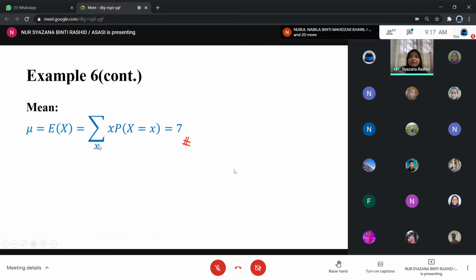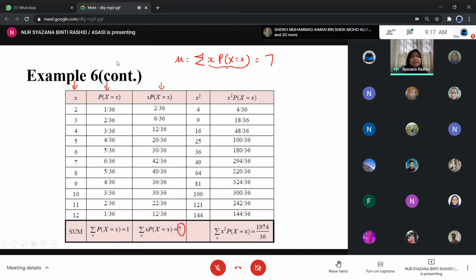Okay, kemudian dia kata find variance. So bila nak cari variance, tak cukup kalau ada kolom ni saja. Tu yang I tambah lagi 2 kolom. I tambah kolom X square. Sebab apa X square ni nanti nak guna untuk kolom last. I want to multiply X square with P. Kalau you tak nak buat X square punya kolom pun tak apa. You terus darab X square. Tapi hati-hati make sure you darab 2 power 2, 2 power 2 times P, 3 power 2 times P. So kalau nak selamat, cari siap-siap power 2 ni. 2 power 2, 3 power 2, 4 power 2 and so on.